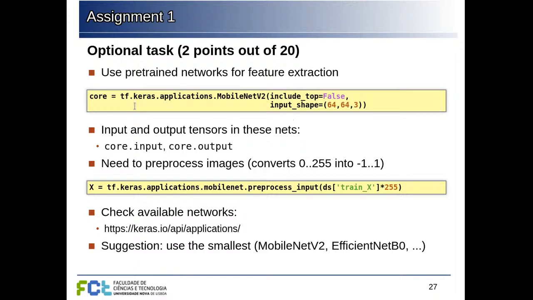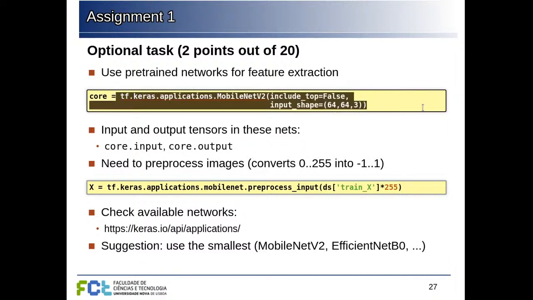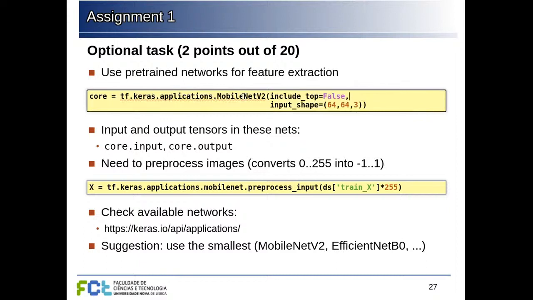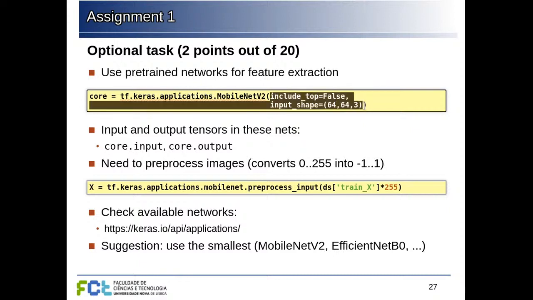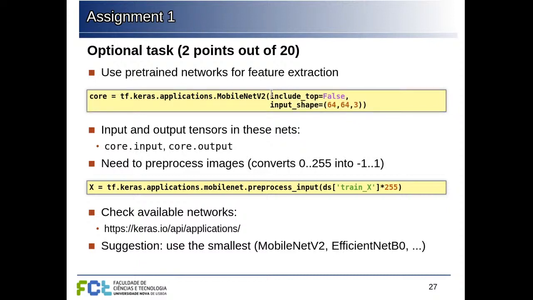So for these, you can download them like this. The Keras applications module has several of them available. When you create one, if you don't have the weights locally, Keras will automatically download the weights and store them in a local cache. This include_top=False means that we don't want the final classifier head.